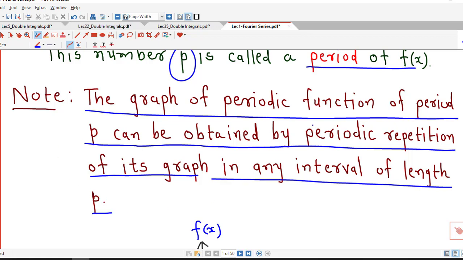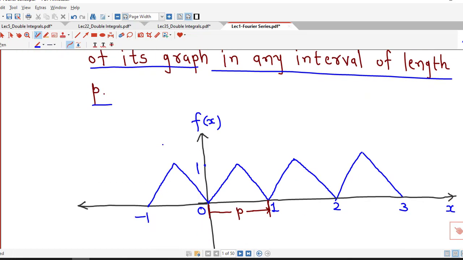So if we have some periodic function of period p, and we know the graph of the function in any interval of length p, then the graph of the function will be the same in every interval of length p.